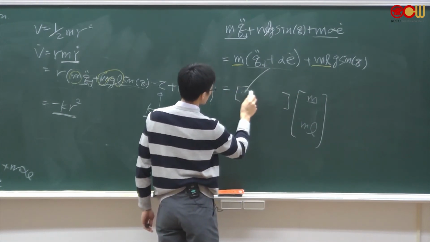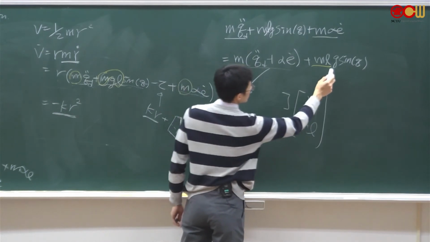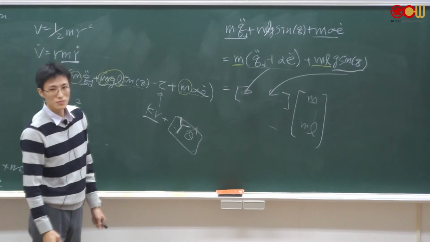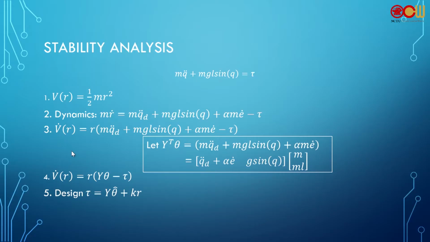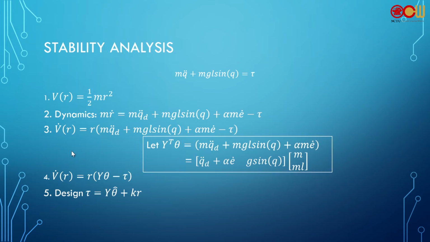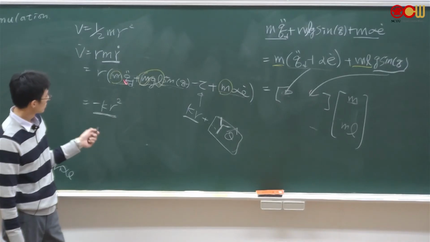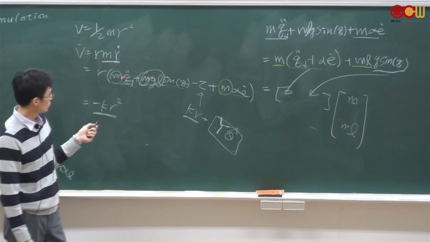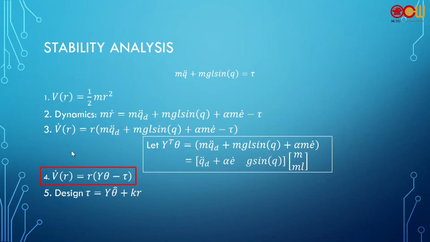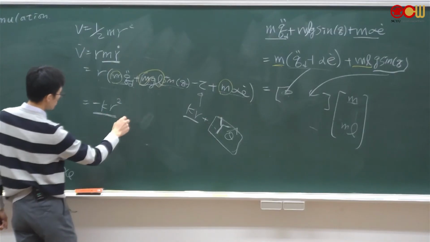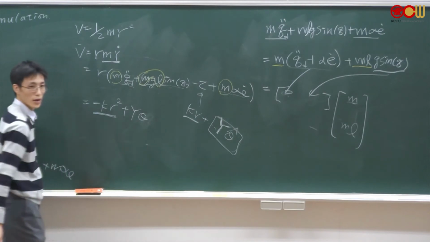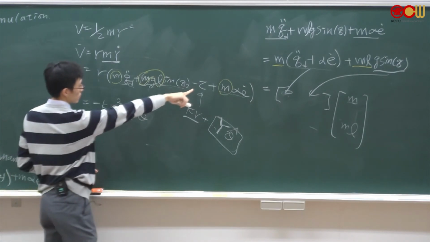Okay, times these terms. ml times these terms. Okay. So this is what it is here. So you can put all this stuff, this summation of these three terms, as y theta. So we can narrow down to plus y theta, right? And you have torque here.